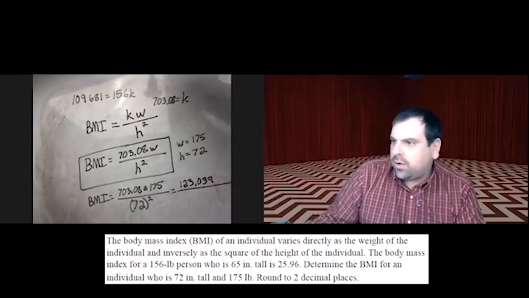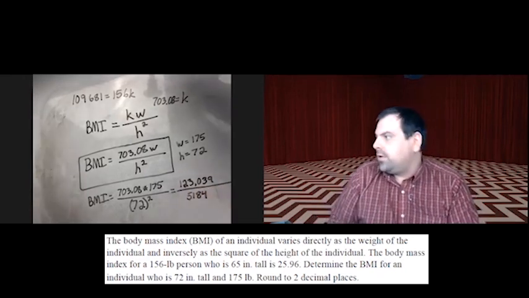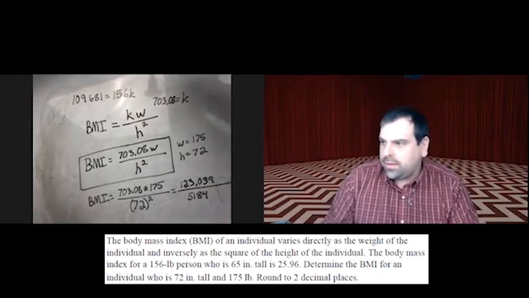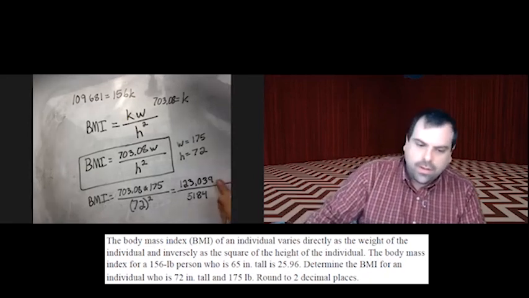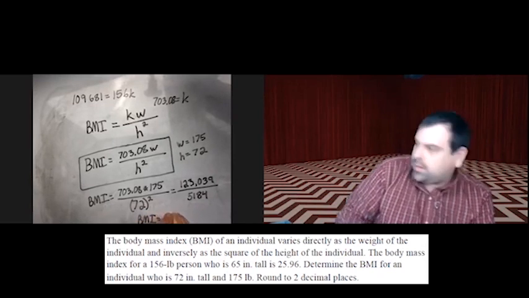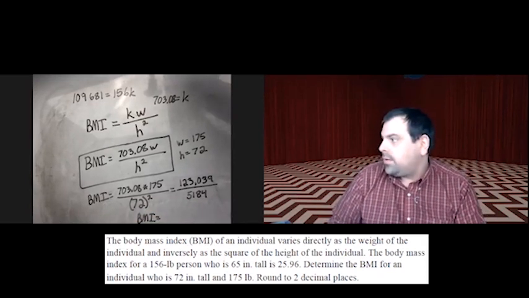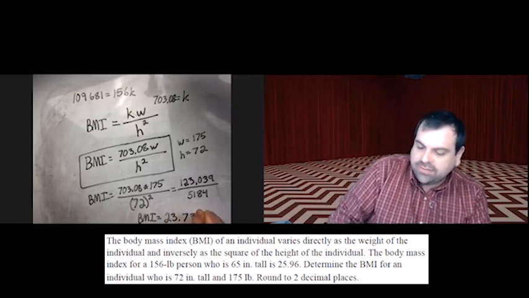That's 123,039 over 5,184. That gives me a BMI of 23.73.